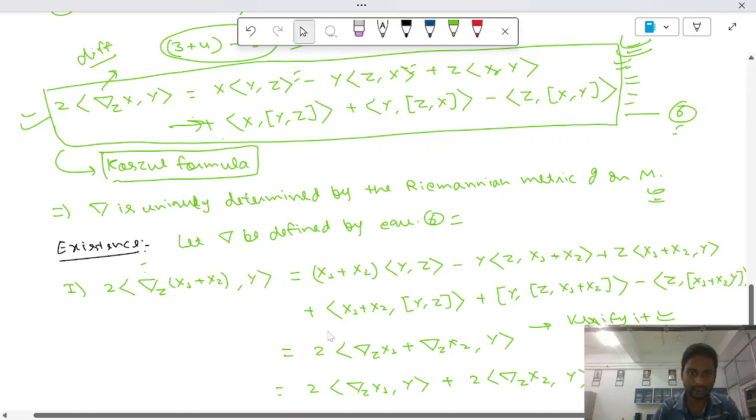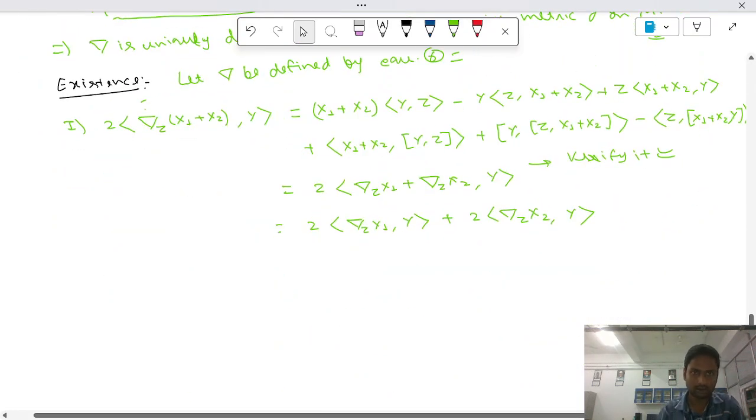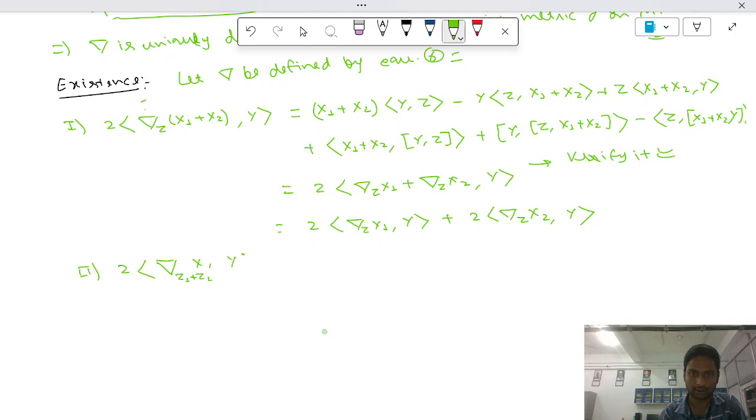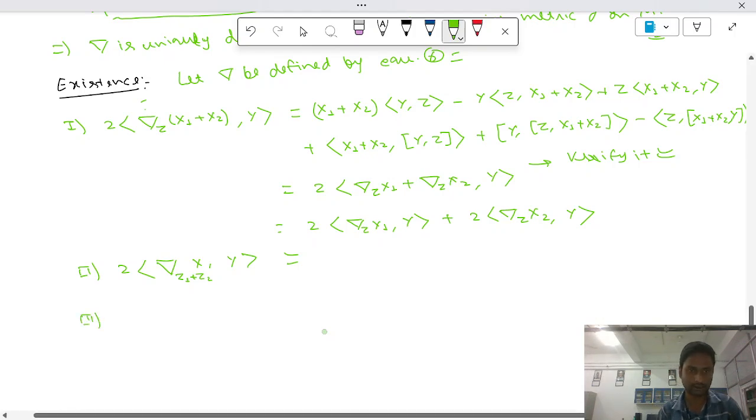In a similar manner, you can also show the second part, that it is also linear with respect to addition in the lower slot. You need to check in the similar manner, just open it up by the definition and you can check all the properties, the third and fourth, all of them.